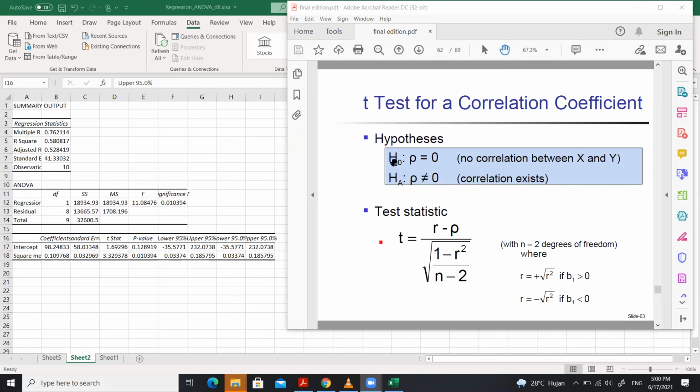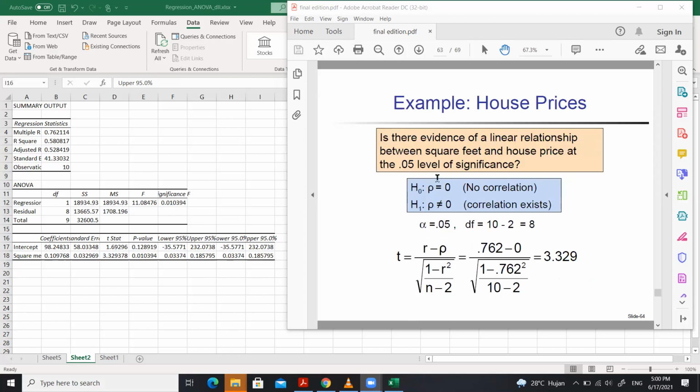Testing the correlation coefficient. In this case, we state the hypothesis testing like this. For example, the null hypothesis is that the correlation coefficient is 0. And for the alternate hypothesis, the correlation coefficient is not 0. And then you can arrive at the t test.